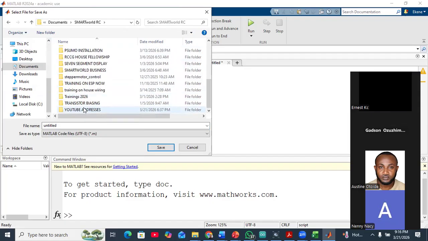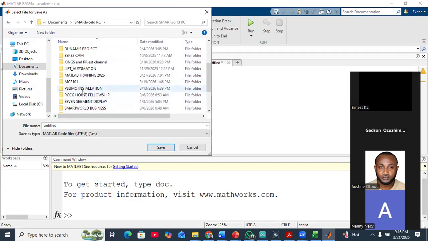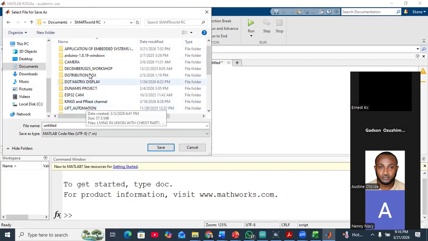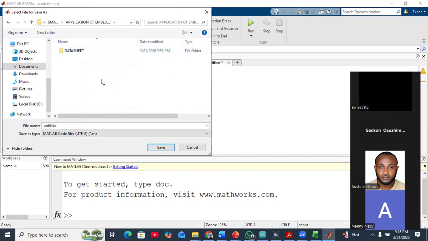So this is Robotics System. Okay. Temperature Sensor.